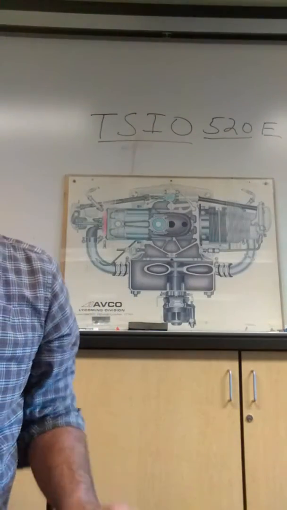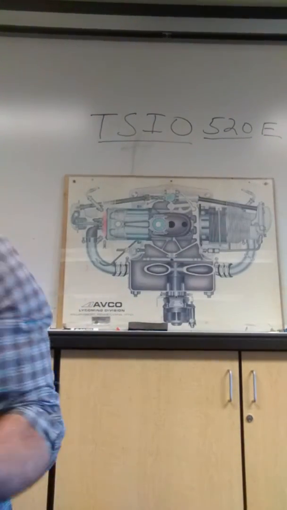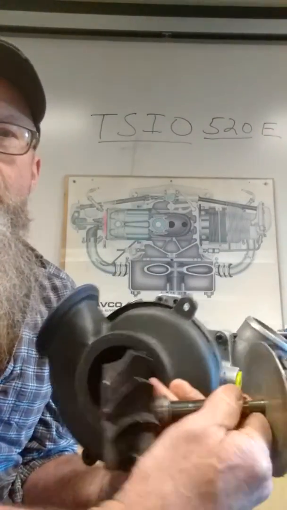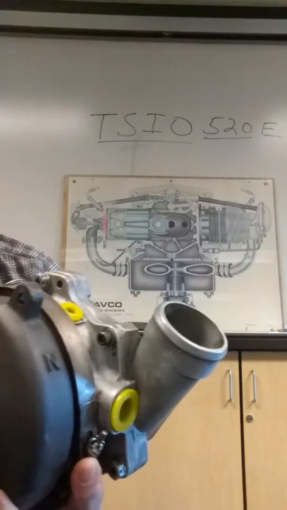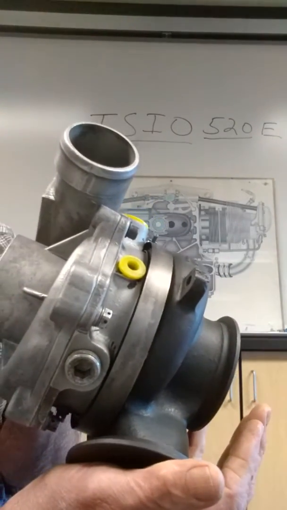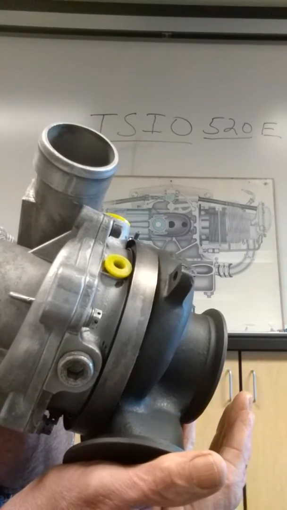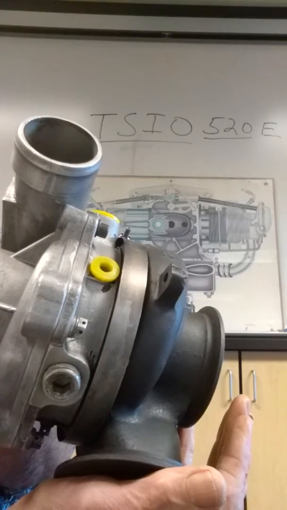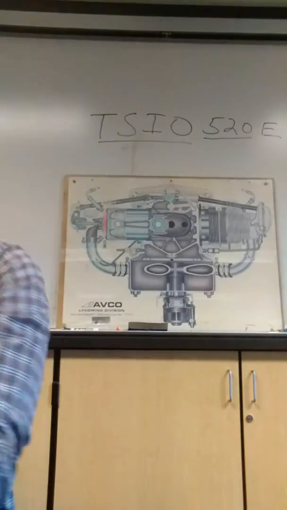So this guy here, which lives inside of here, is your turbocharger, or it could be called a turbo supercharger. We'd have to know how high the manifold air pressure is going up to get whether its name is a turbo supercharger or just a turbocharger.